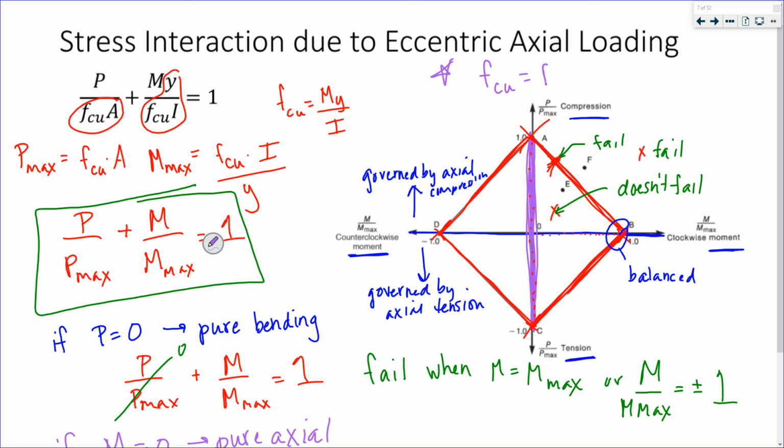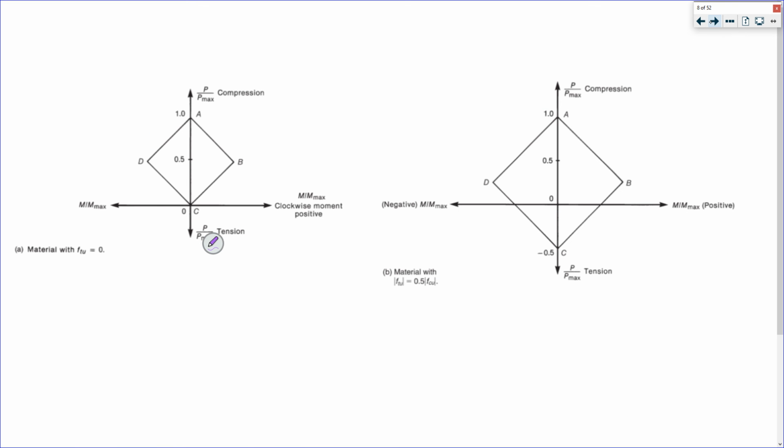Up until this point, we've been talking about a material that fails in compression the same as it fails in tension. So now let's look at some other interaction diagrams. What if I have a material that has no tensile strength?